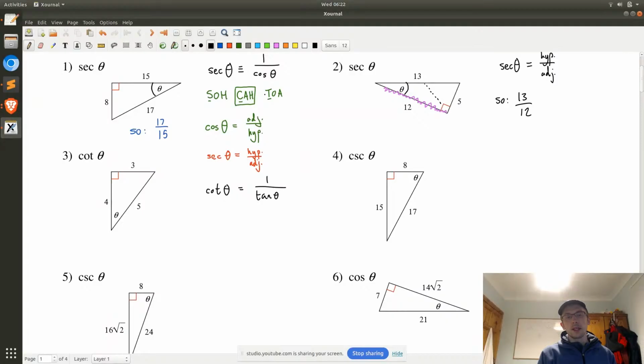So it must be the opposite side divided by the adjacent side. And by the reasoning from before, that means that the cotangent of theta flips that. So it's the adjacent side over the opposite side.